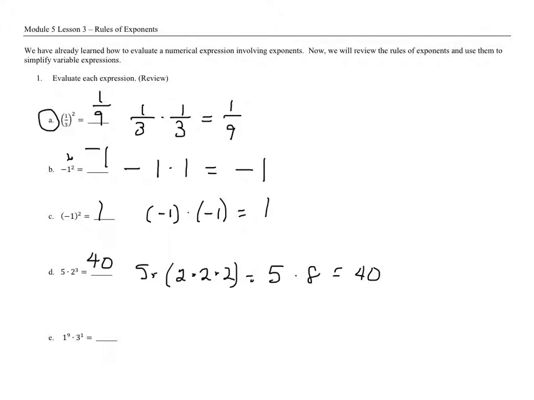And last but not least, I'm going to raise 1 to the 9th power and then multiply it by 3 to the 1st power. 1 to the 9th is 1 times 1 times 1 times 1 times 1 for a total of 9 ones multiplied together. You get 1. 3 to the 1st is 3. 1 times 3 is 3.